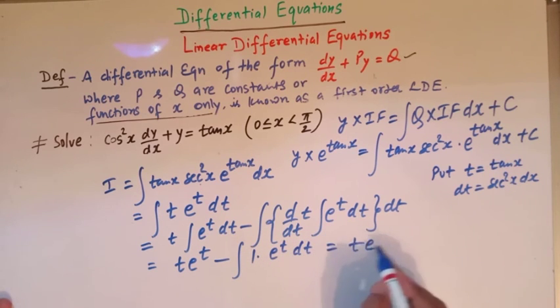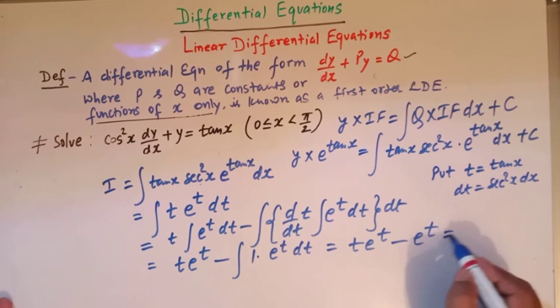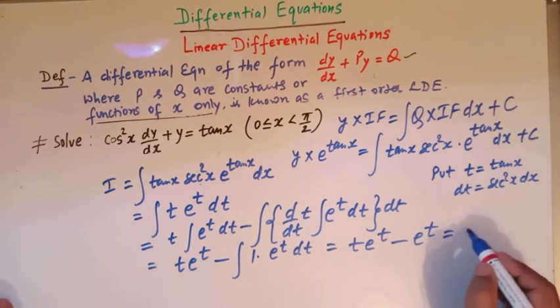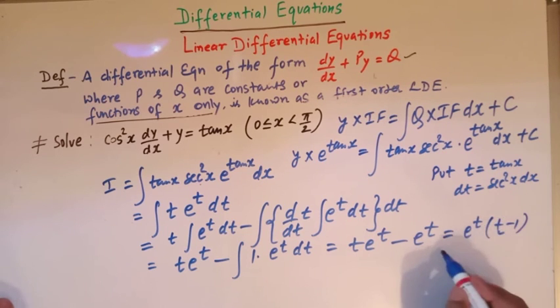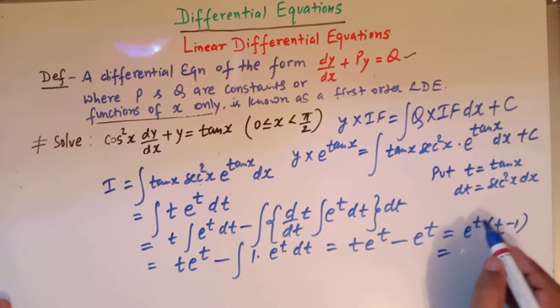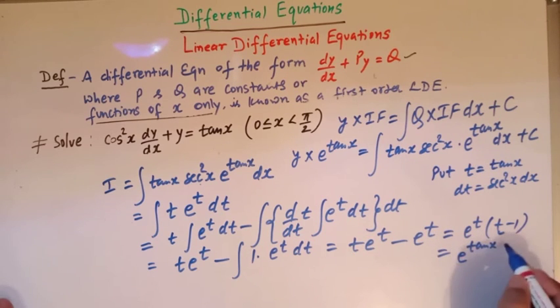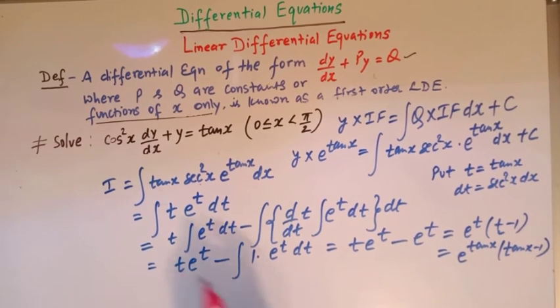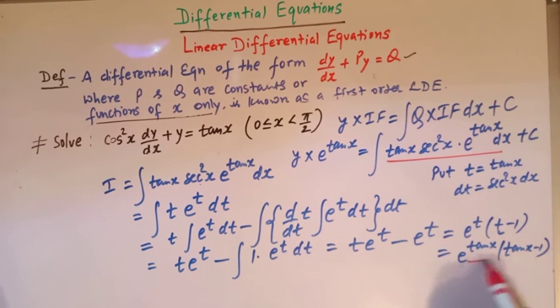We have t e raised to t minus e raised to t, and this can be written as e raised to t times (t minus 1). Clear? Now if we substitute the value of t as tan x, we have e raised to tan x times (tan x minus 1). Clear? Now therefore the value of this integral is this.